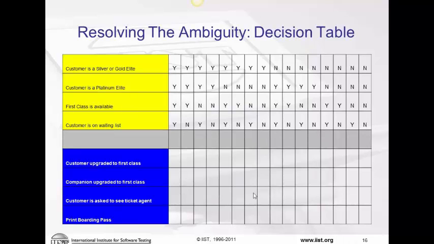All right, so the answer is 2 to the power 4, and the 2 comes from the fact that it is either yes or no. Each one of the 4 things could be either yes or no, and that's where the 2 is coming from. And it's 2 to the power 4 because of the 4 causes. If I only have 3 causes, then it is 2 to the power 3.